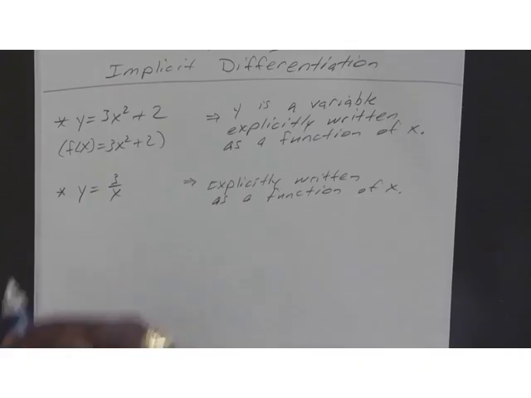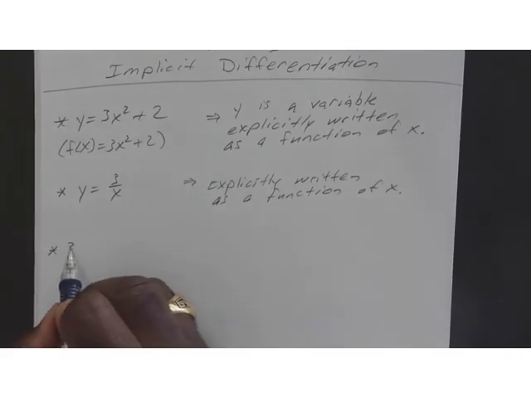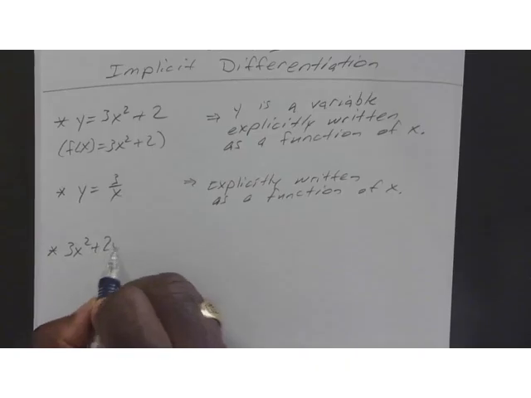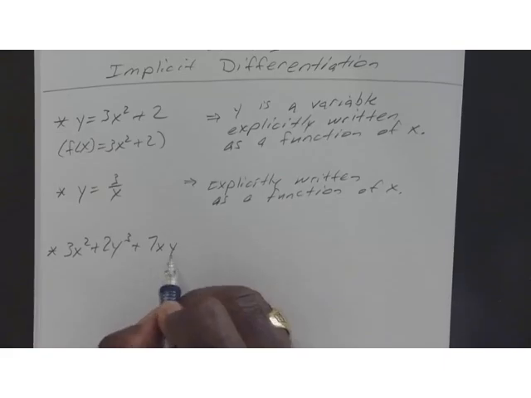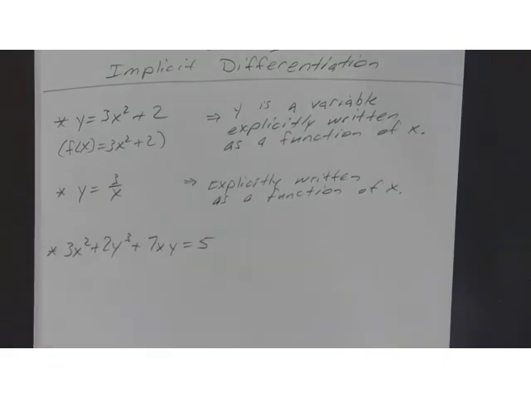But what if you had one where you had 3x squared plus 2y to the 3rd power plus 7xy is equal to 5? Okay. Now this one you can't really solve for x and y very easily. You can, but it'll be a very complicated looking problem. So in this form it is written implicitly as a function of several variables.